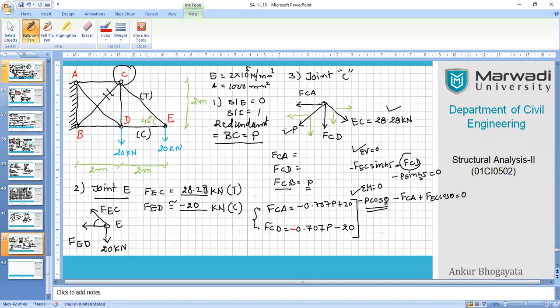What say others? It is very obvious that if you are working on this FCD, if you send this on the opposite side, it will become positive. This will also become positive, and then if I want to remove this negative sign, I need to apply the same on the other side, so both should become negative again. That is my interpretation.